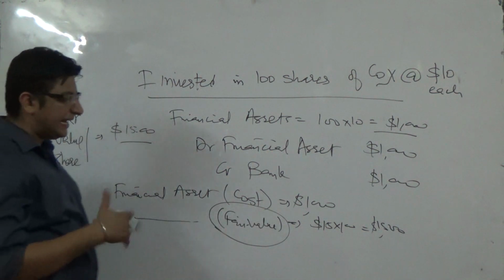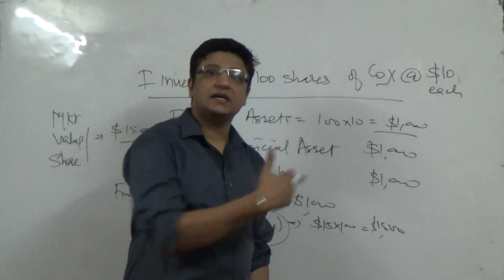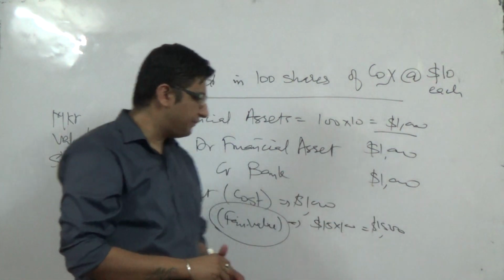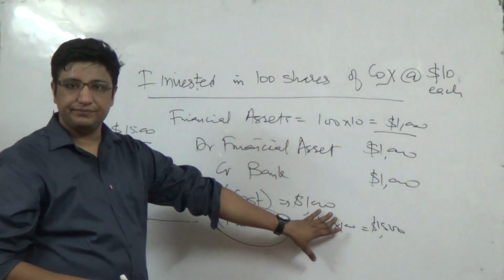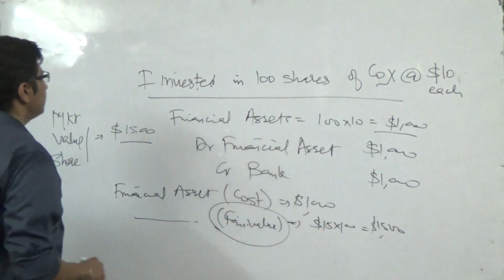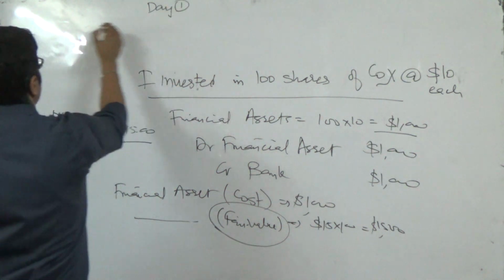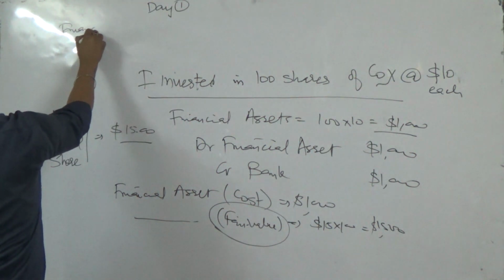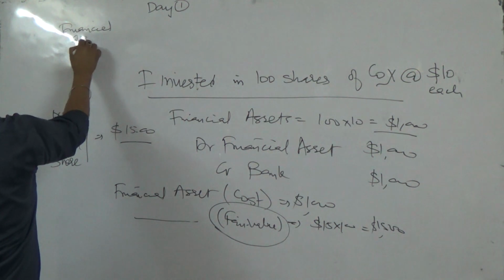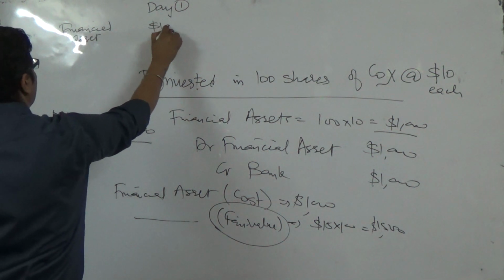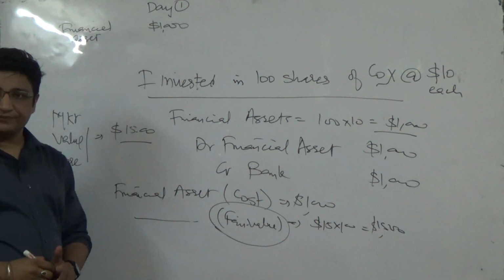I'm not getting into the other leg of the accounting, I'm purely looking at the balance sheet part of it. When I bought it on day one, my financial asset is shown at $1,000.